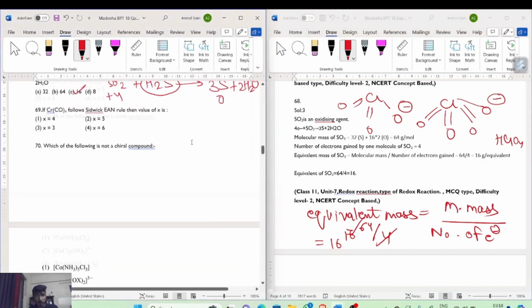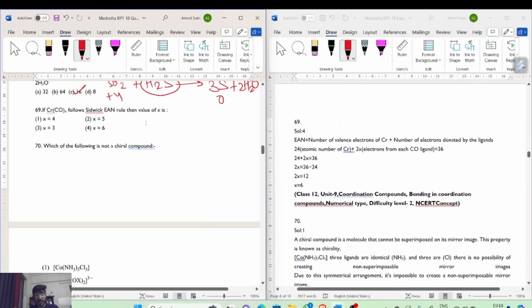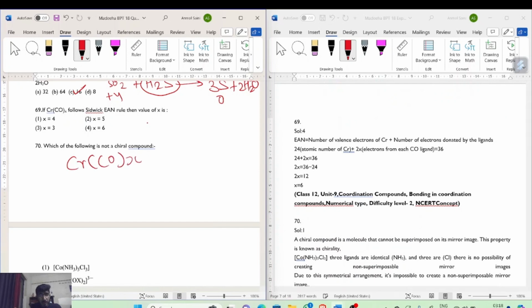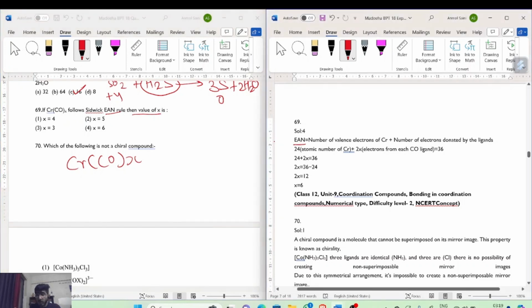Now question number 69. Here we are given Cr(CO)x, and we have to use the EAN rule and calculate the value of x. EAN is equal to the number of valence electrons of Cr plus the number of electrons donated by the ligands, and it will be equal to the EAN value.